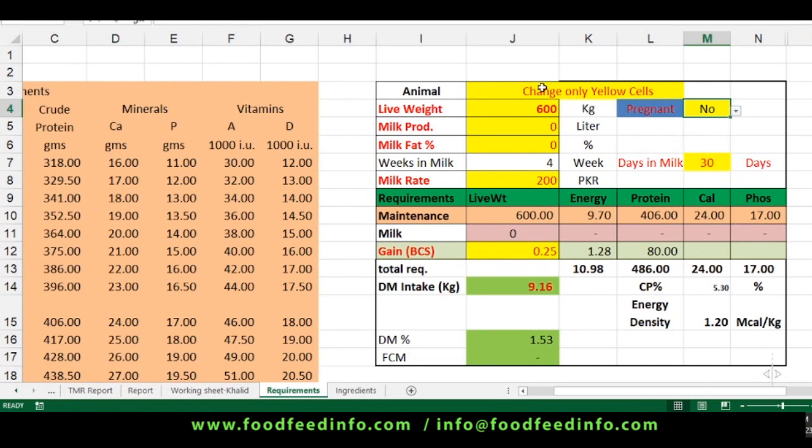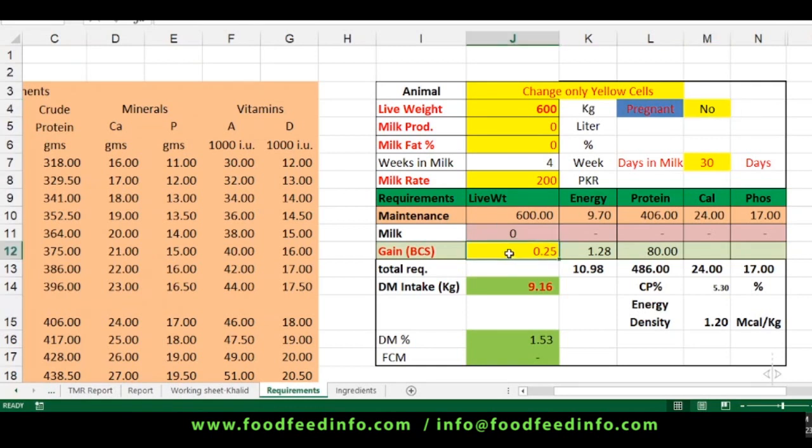So this is the first scenario, where the animal body weight is 600 kg and the animal is in 4 weeks of lactation. We have not mentioned the milk here, and we have added the milk rate in rupees, or you can use any value, Indian rupees, Bangladeshi taka.